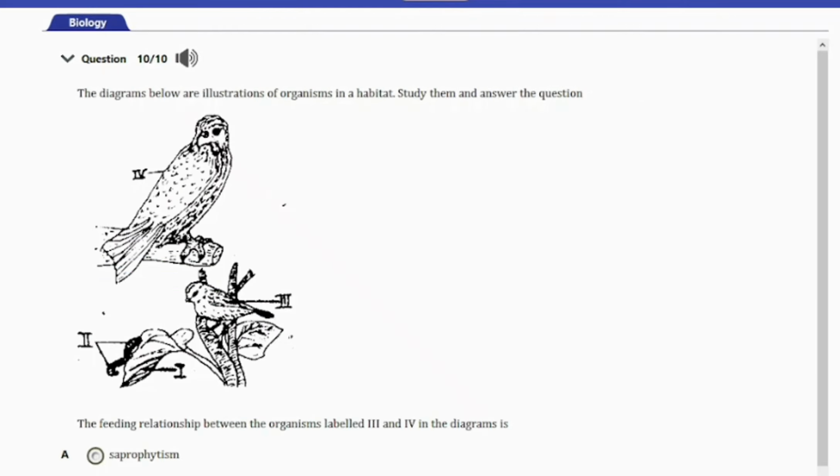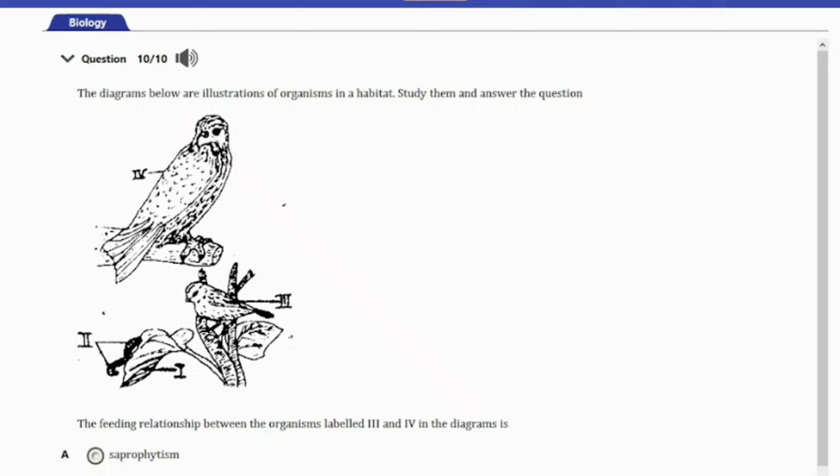Question number 10 here. So we have a diagram here, and the instruction says the diagrams below are illustrations of organisms in a habitat. Study them and answer the question.